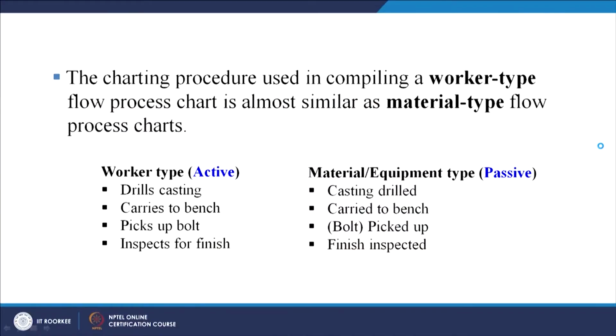Now, the charting procedure we know, as last time we have taken an example. The charting procedure used in compiling a worker type flow process chart is almost similar to the material type flow process chart. As I have already told, the process chart symbols remain the same. In one case we will be seeing how the material is moving inside the shop floor or in the organization. If you remember the previous session, we had an example in which material was being unloaded from a truck and then transported inside the shop floor.